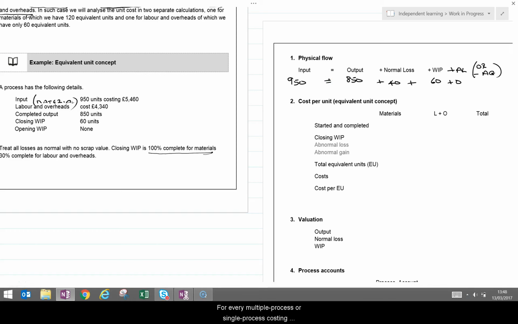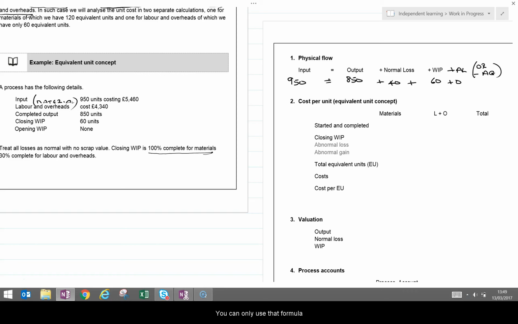And for every multiple process or single process costing question that you do, you must always make sure that the first thing you calculate is your physical flow. Now the second thing that we calculate is the cost per unit. Previously we have worked out the cost per unit by using a formula: input costs minus the scrap value of the normal loss divided by the expected output.